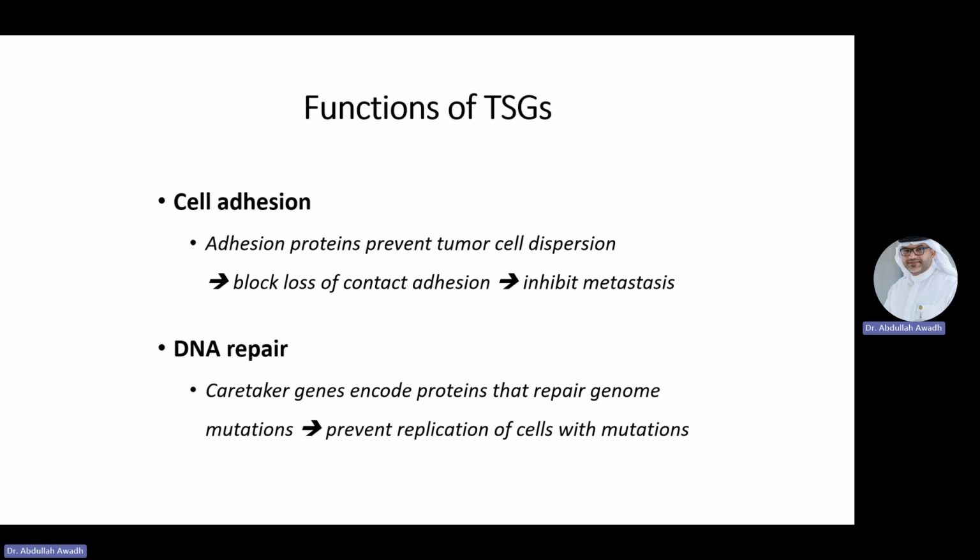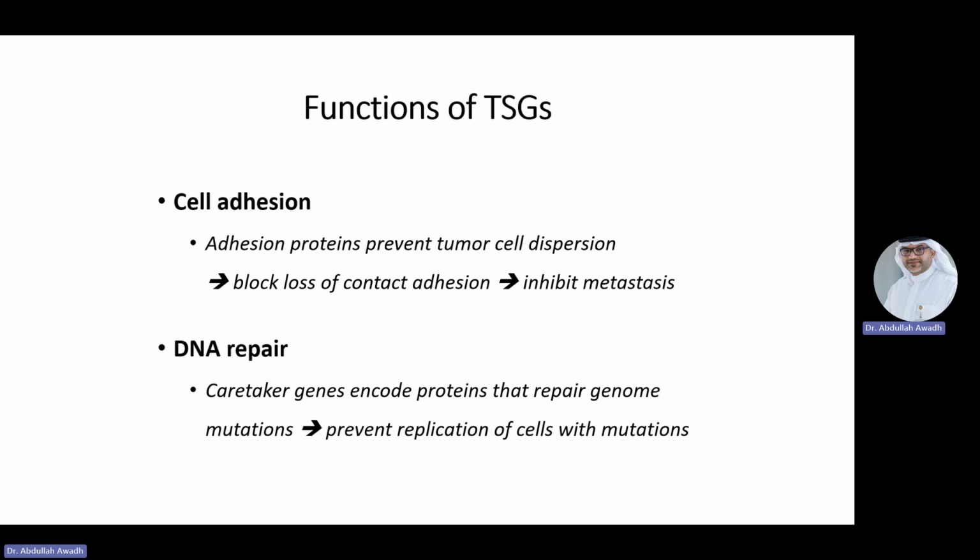Sometimes certain cancers or tumorigenesis lead to loss of contact adhesion, therefore allowing metastasis or invasiveness of the cell. How? Cells disperse and move from their location to another site. So tumor suppressor genes block this loss of contact adhesion. This is another way of protecting against a form of cancer, which is invasiveness or metastasis.